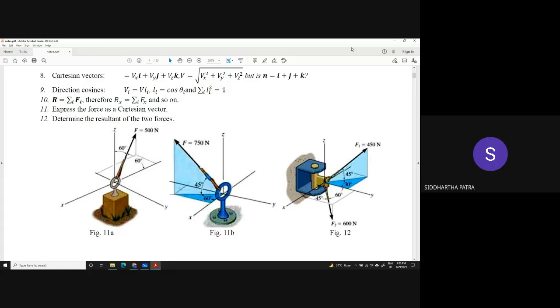The F, of course, points in an upward direction. That means the Z component is positive. But once you take the projection of F, the projection actually lies in the third quadrant of the XY plane. Can you follow the orientation of F?